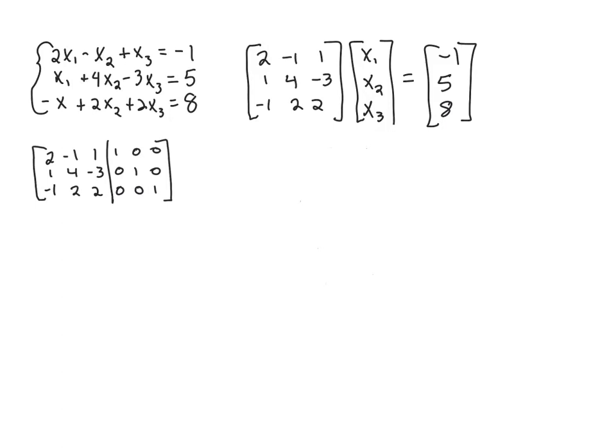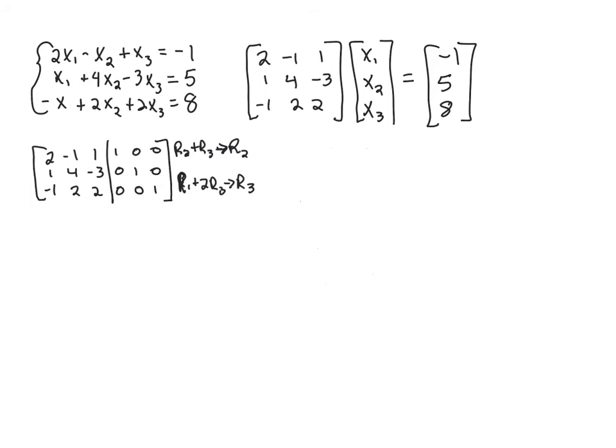So I'm going to do row 1 plus twice row 3 and replace row 3. But I'm also going to do row 2 plus row 3 and replace row 2. I'm going to do that first, not that it matters because I know the outcome, but just so row 2 hasn't been replaced before I do that second step, so nobody can get mad at me.